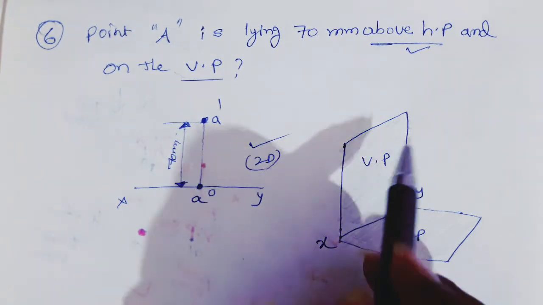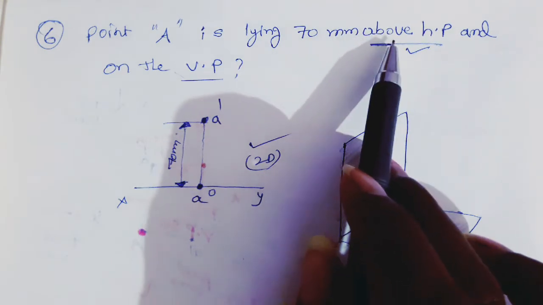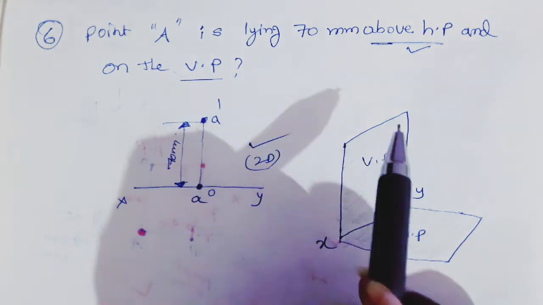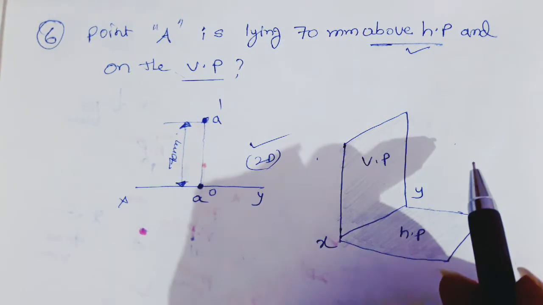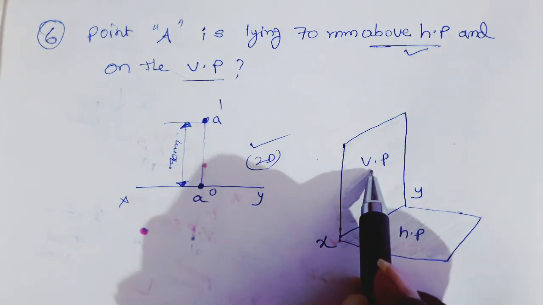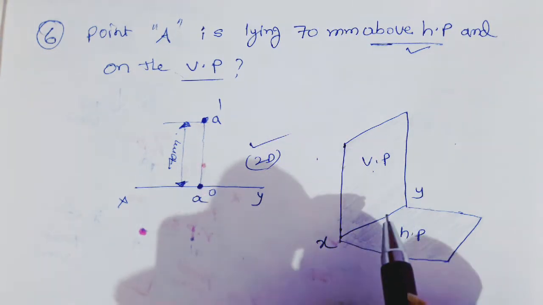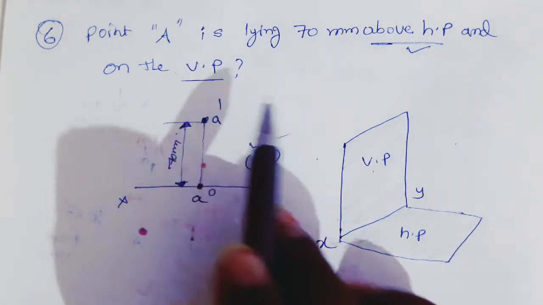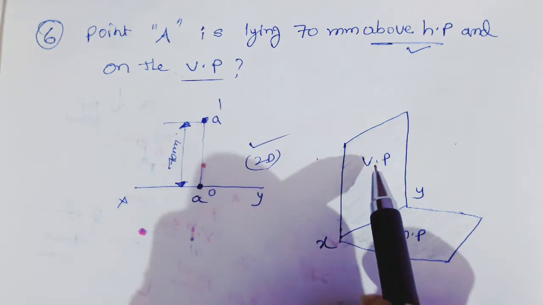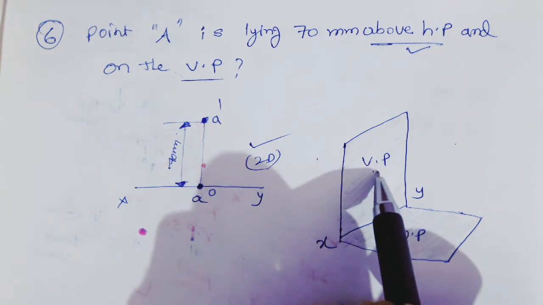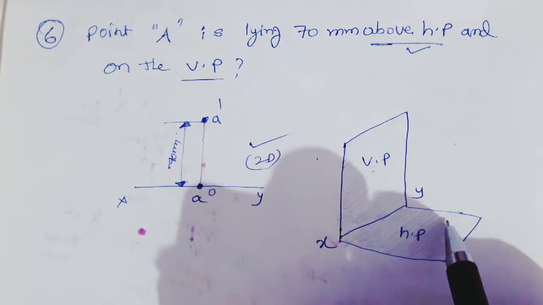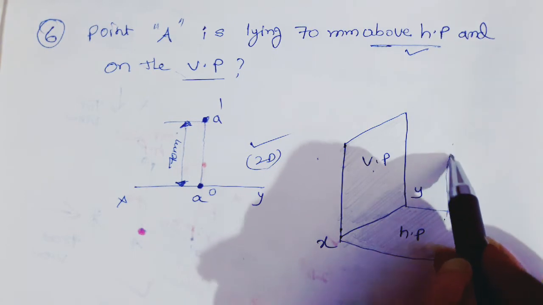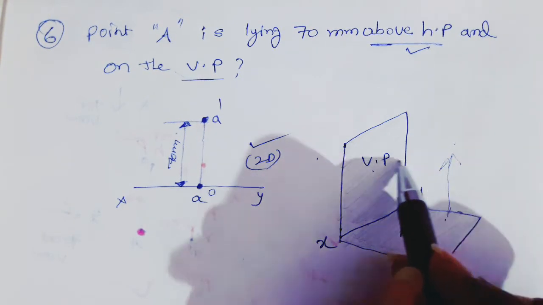Coming to above HP, whether the point will lie in first quadrant or second quadrant, we don't know. That's why I am taking first quadrant itself. So on the VP, the position of the point is on the VP, at a distance of 70 mm from the HP.